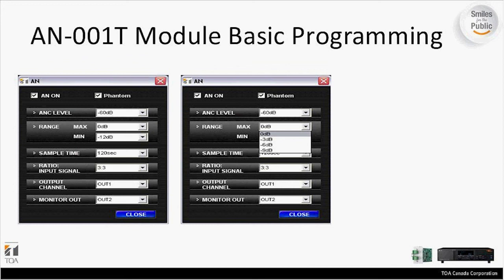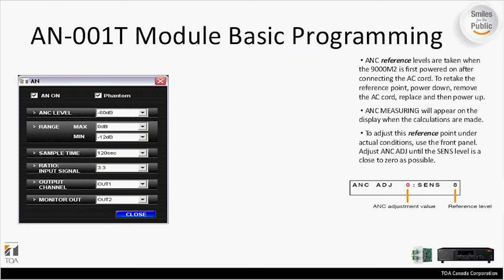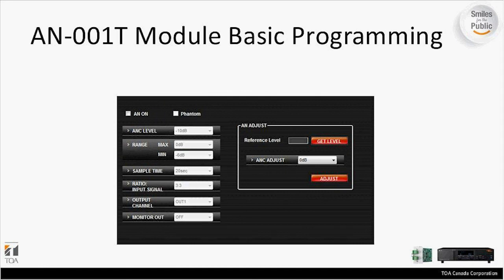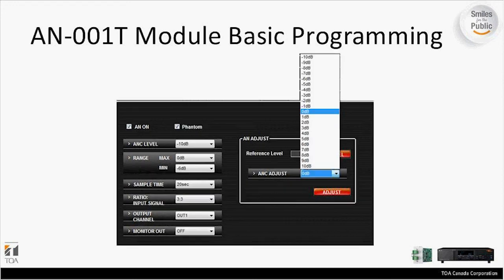So you can set all your levels all the way down throughout the whole program, and even set your ANC reference levels. And so you see, it's very simple with the programming in the 9000 unit. And even your output levels you can set.